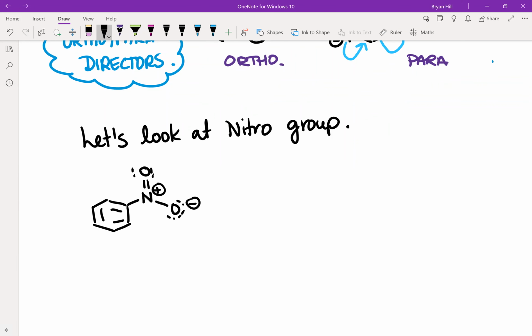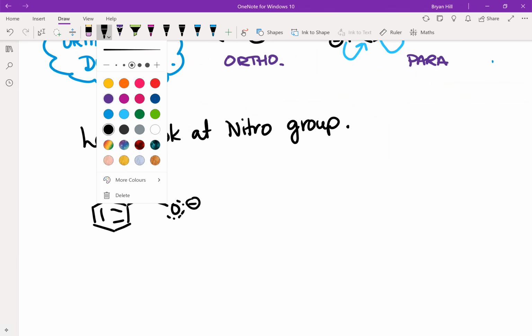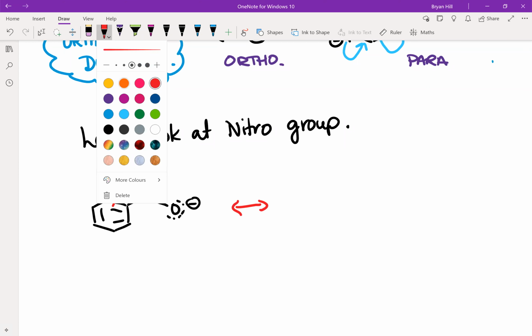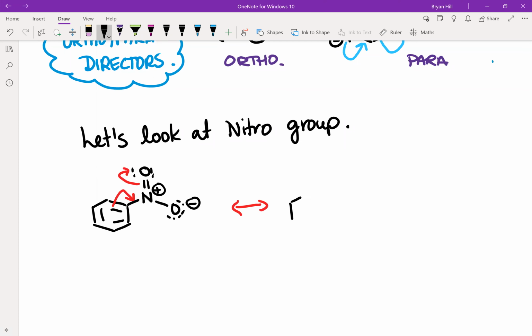But if we look at the nitro group, immediately when we go back to our pattern recognition, you'll see that you've got a positive charge beside a double bond. So that means you can move that double bond to make a bond there. But nitrogen's already got 4 electrons, so we'll need to move those electrons onto the more electronegative oxygen atom. And this gives us the following.